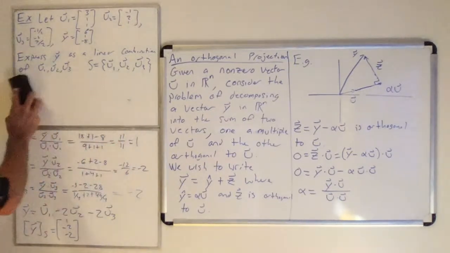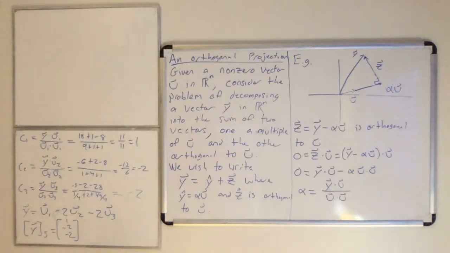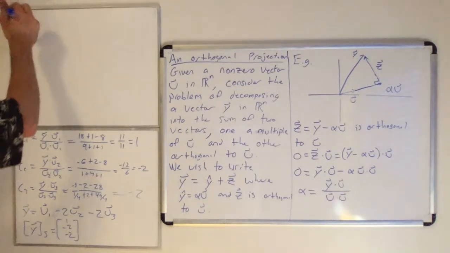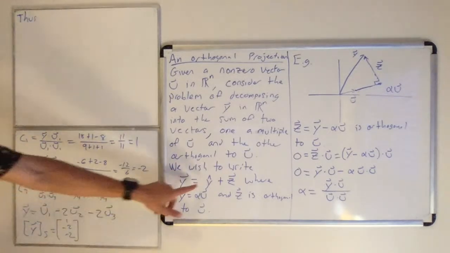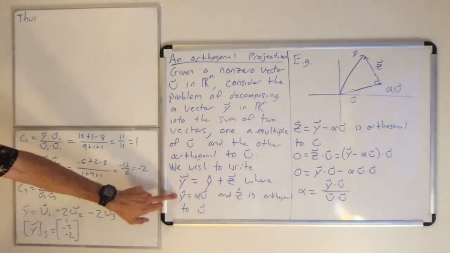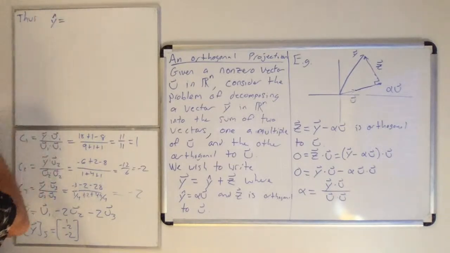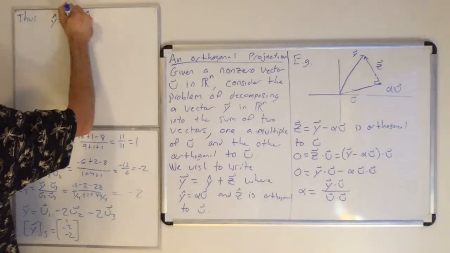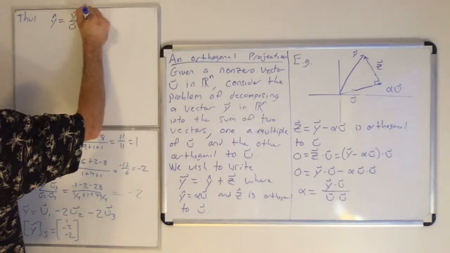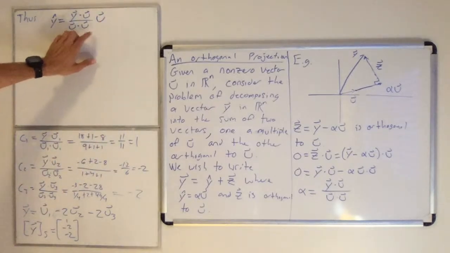So we have thus y hat, which is the part that's parallel to u, is this scalar times the vector u.